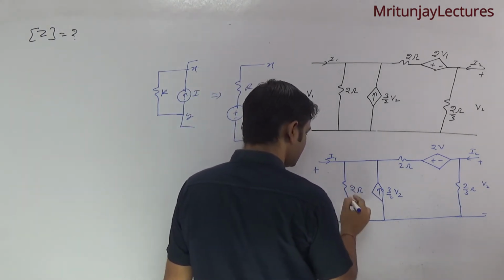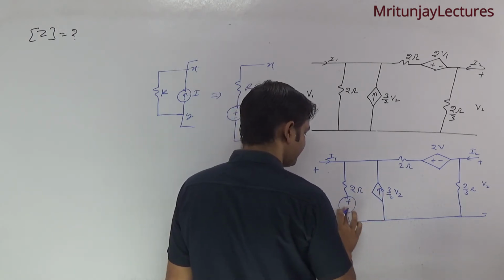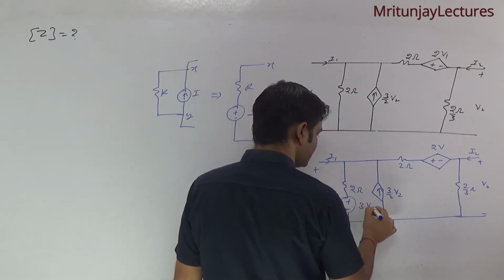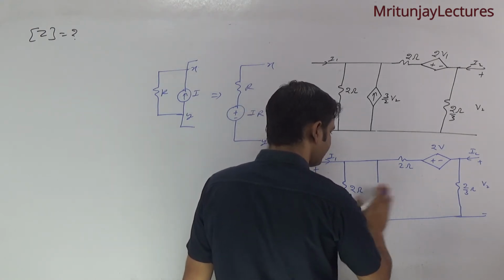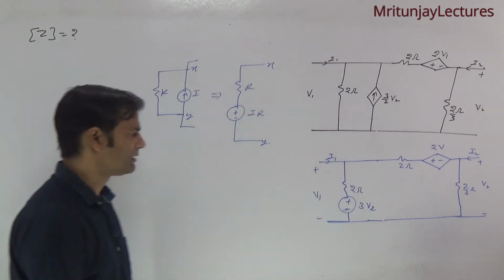What about polarity? Upper plate plus and lower plate minus, represented like this, and this is 3 V2. Very simple.